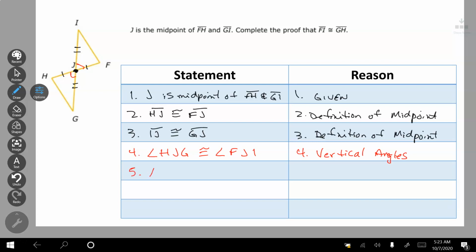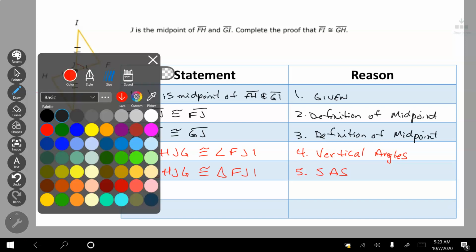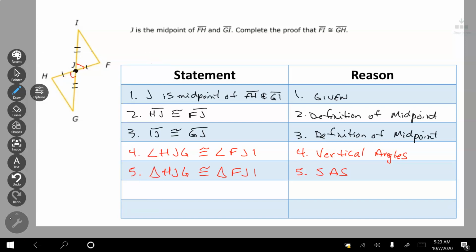So now I have triangle HJG is congruent to triangle FJI because I have side, angle, side. And then I can finally make the statement that this side FI is equivalent to this side GH because I know corresponding parts of congruent triangles are congruent.